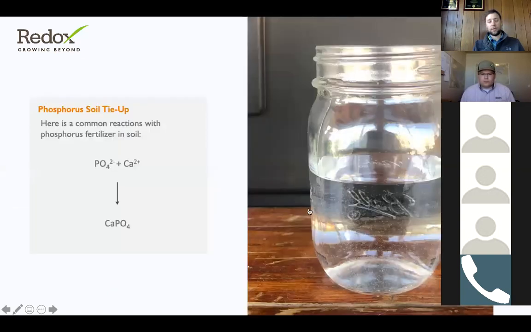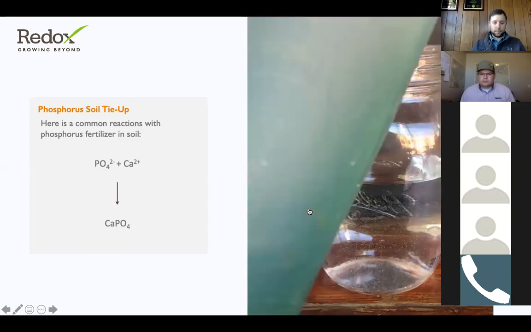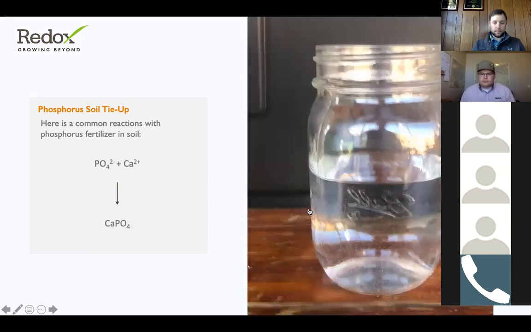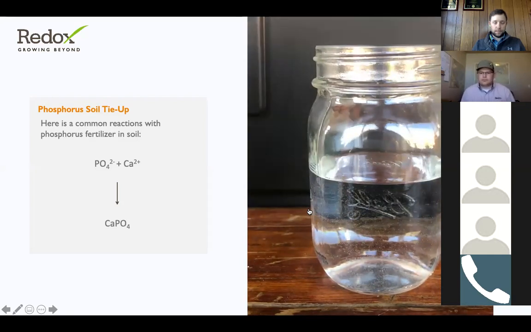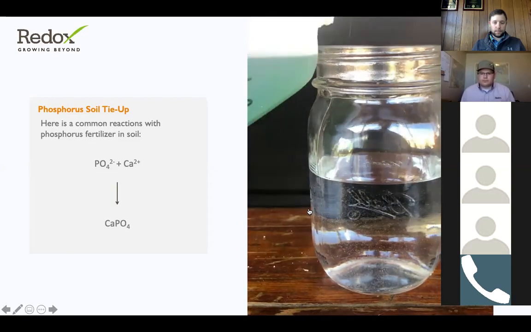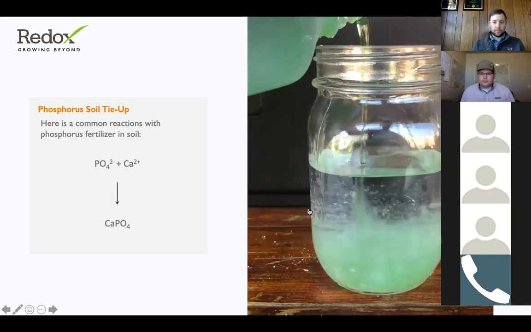So I want to show a little demo here of what that physically looks like. Here is a calcium solution, similar to what we would see of calcium in solution in the soil, simulating that. And then what I have here is some beautiful green 10-34-0. So many of you have probably done this by accident in a fertilizer tank and know what's going to happen here, but let's see if we can put a little 10-34-0 in the calcium solution.